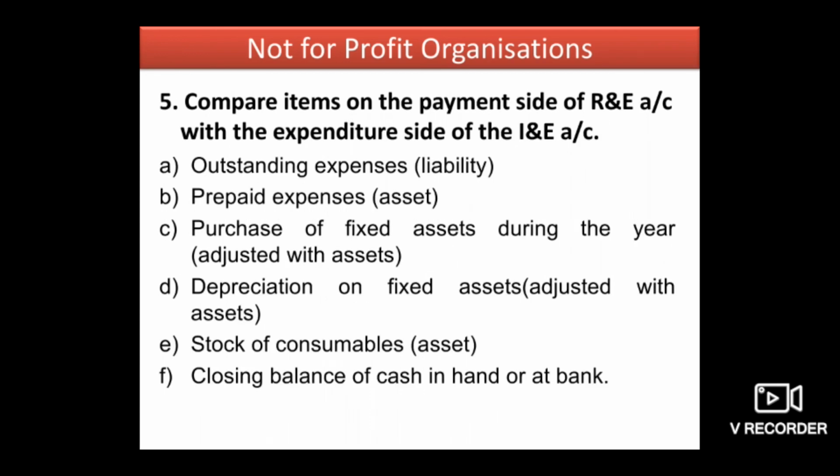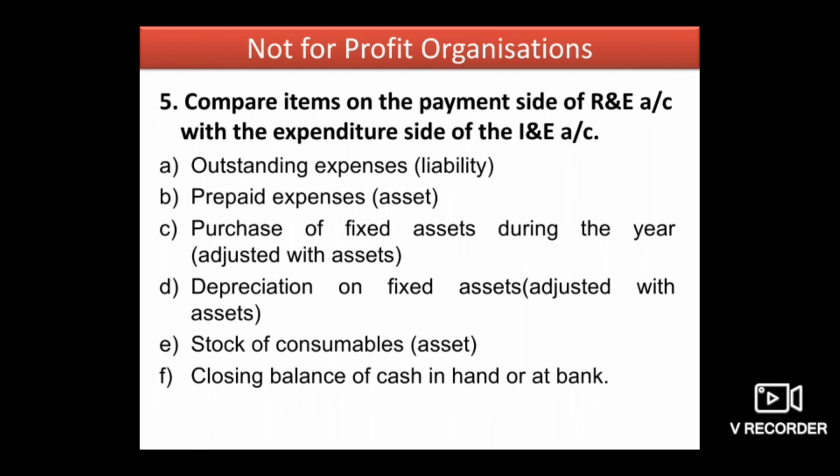The last point is to compare items on the payment side of the receipts and payments account with the expenditure side of the income and expenditure account. When we compare these two sides, we will get the following items that are to be recorded in the balance sheet.